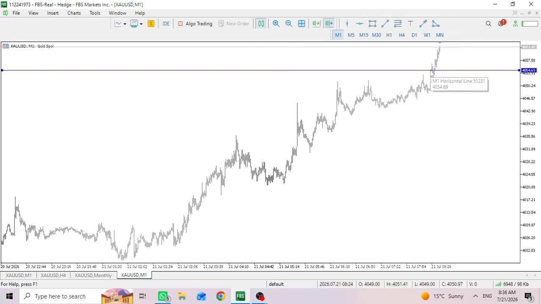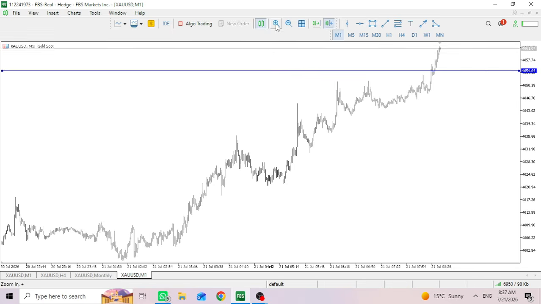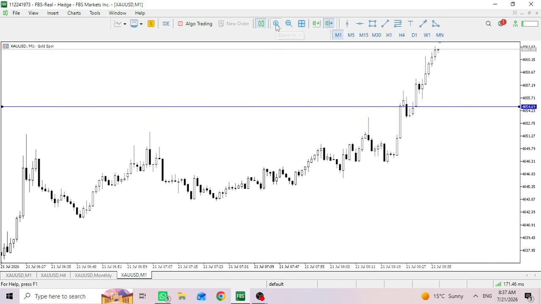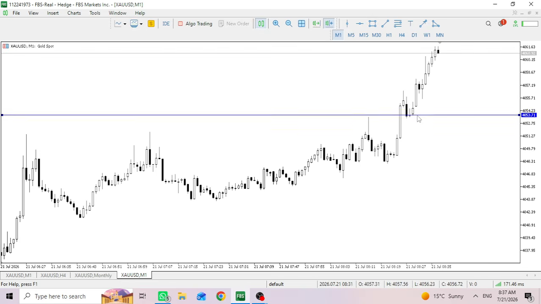I can click more buys actually. I can enter more buys there. Let me see if it retraced. Stupid. 4052.